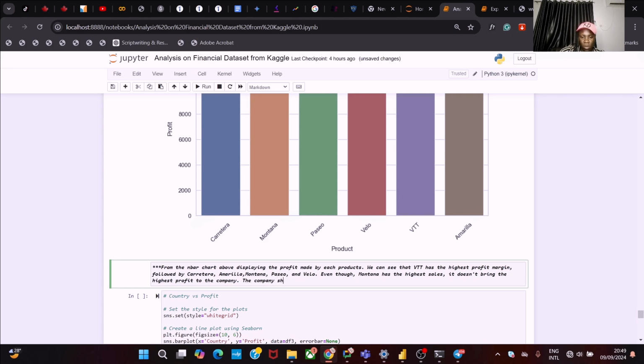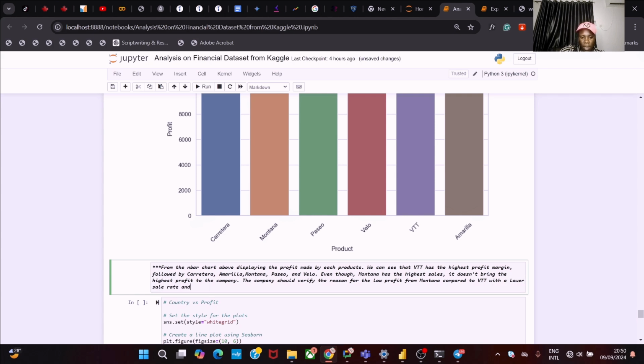The company should verify the reason for the low profits of Montana compared to VTT with a lower sell rate, and verify if it is a result of cost of delivery, returns, or discounts, the level of discounts.